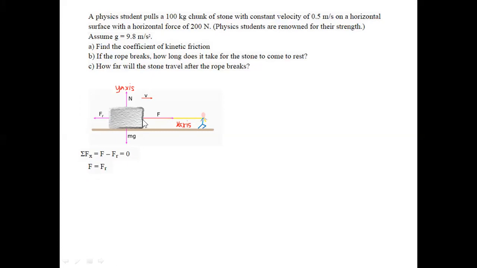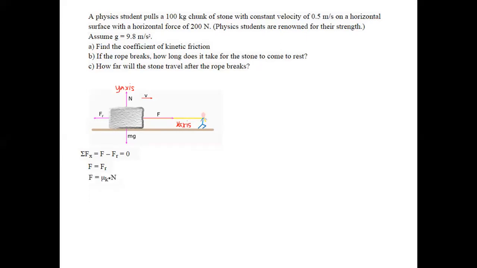Motion to the right is positive, so force is positive here, and frictional force is negative because it's towards the left. Then we equate it to zero because we are dealing with constant velocity. Afterwards, transposing frictional force to the other side of the equation gives us the relationship that force is equal to frictional force.